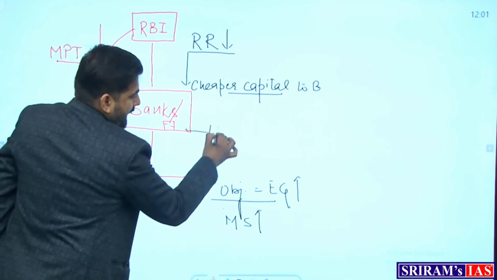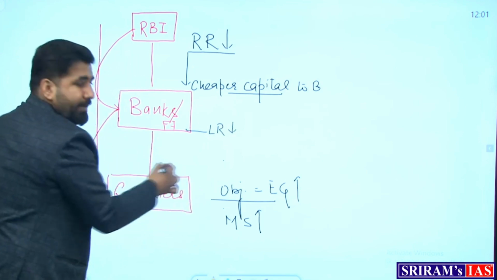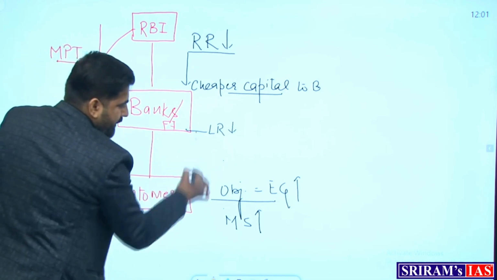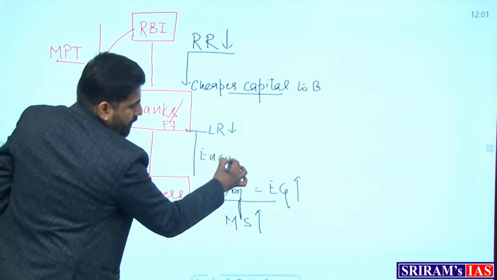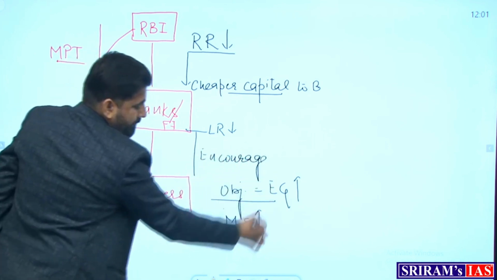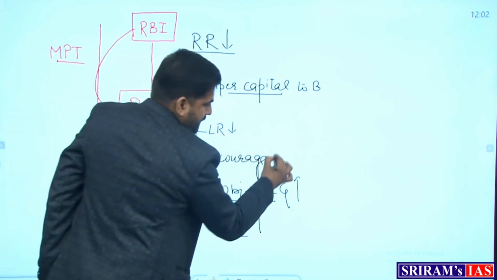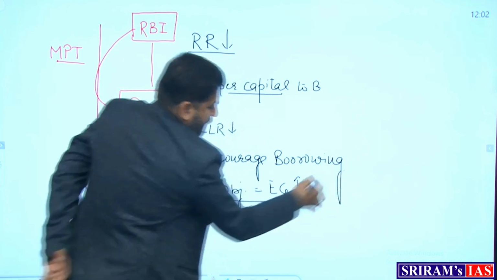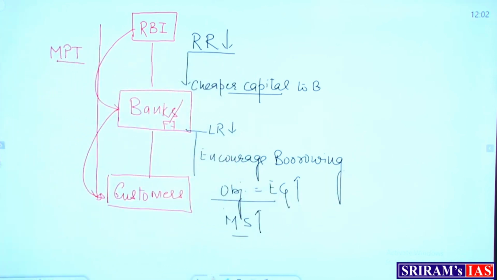Reduce the lending rate. If they reduce the lending rate, will this encourage borrowing or discourage it? Encourage borrowing. More borrowing means more money supply in the market. Yes or no? And more money supply will help achieve higher economic growth.